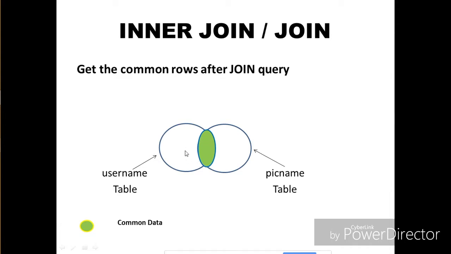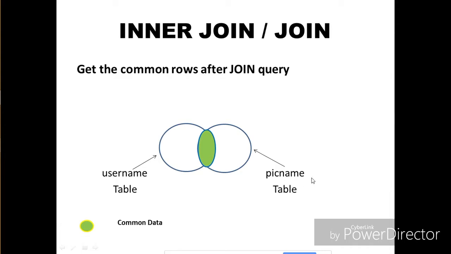The first circle represents the username table and the second circle represents the pickname table. And the green portion represents the common data and also the result data after the inner join operation. So it means that after the inner join operation we will get the data which is common in both the first table, that is the username table, and the second, the pickname table.